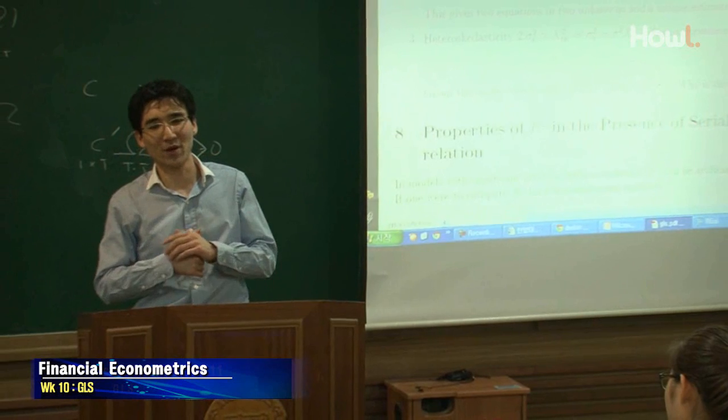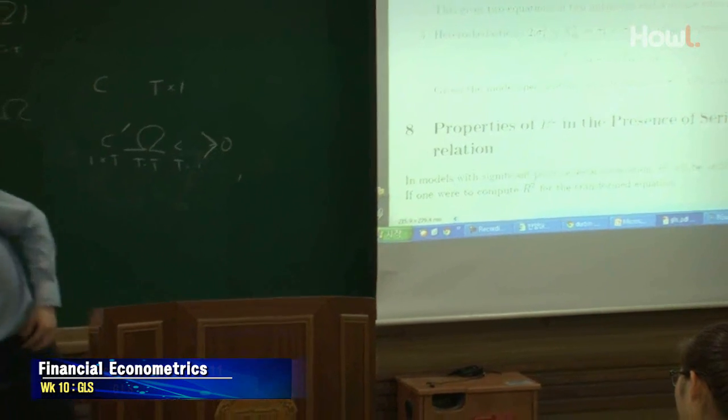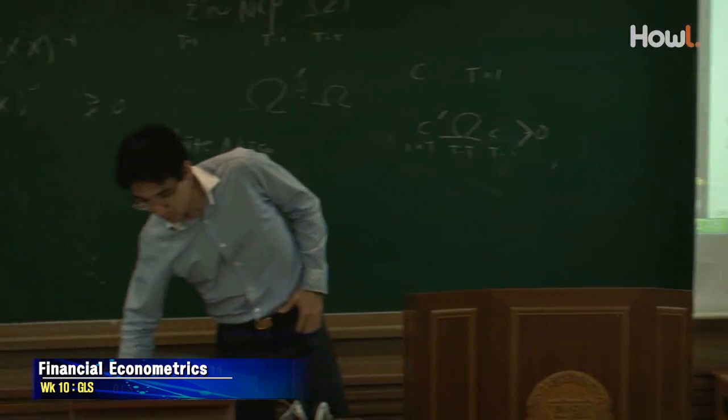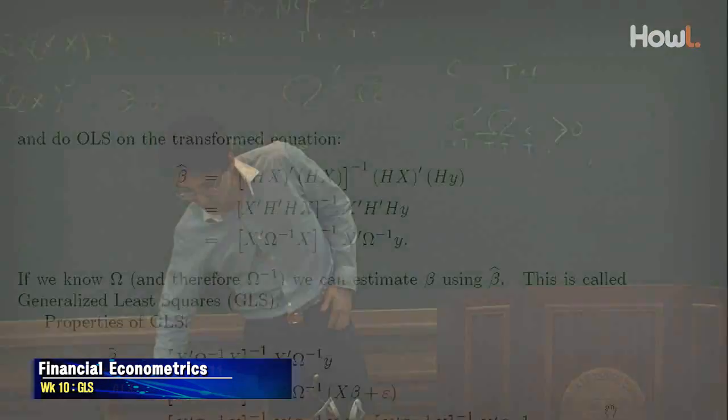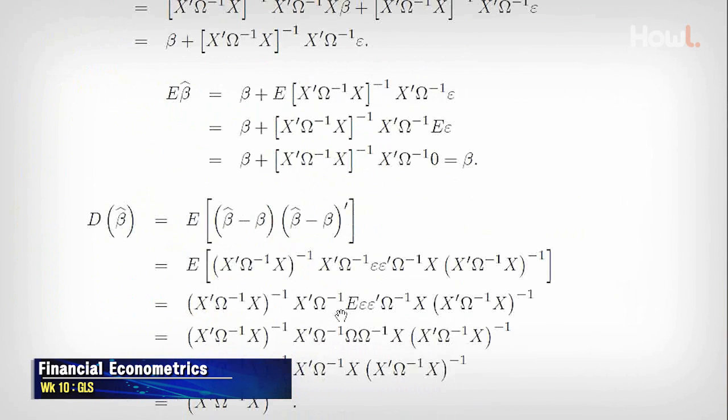Once you estimate omega from this OLS regression, you plug this omega into this one to calculate the GLS estimate of beta. Once you have the GLS estimate of beta, the variance-covariance matrix of beta is this one, so you can calculate the t value, p value, and everything.